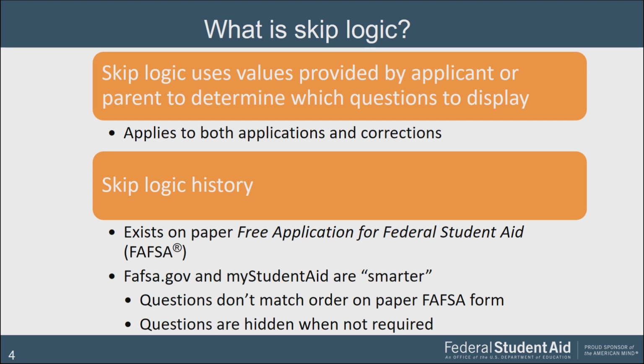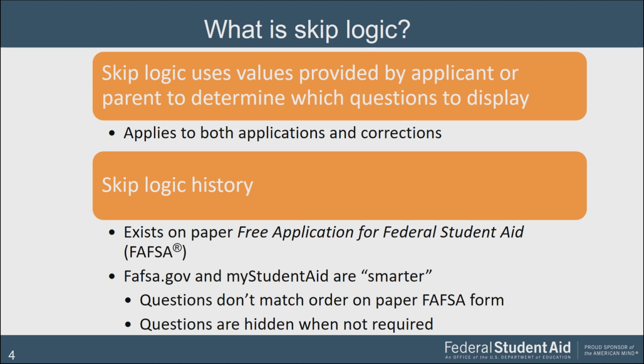Thankfully, with the website and also the mobile app, we like to think that they're smarter, as long as we make them smarter. We can even take skip logic one step further. The questions that we ask on the website or the mobile app don't always match the order that they're asked in the FAFSA form.